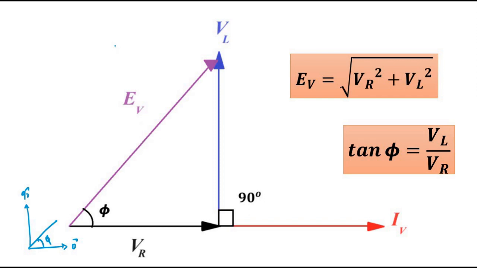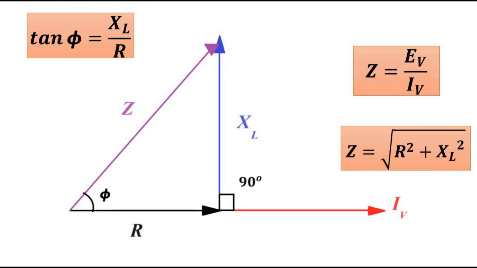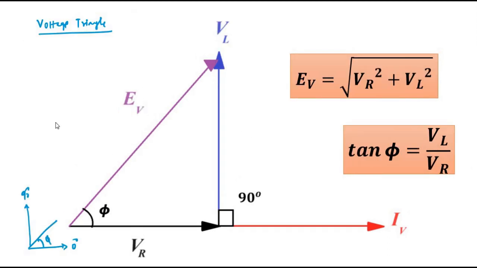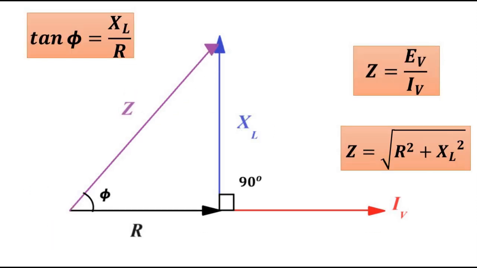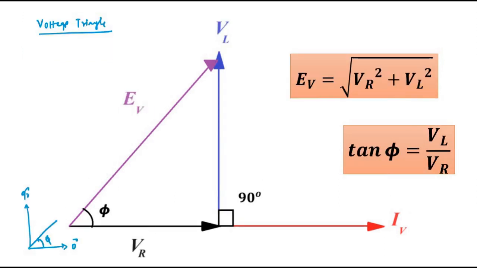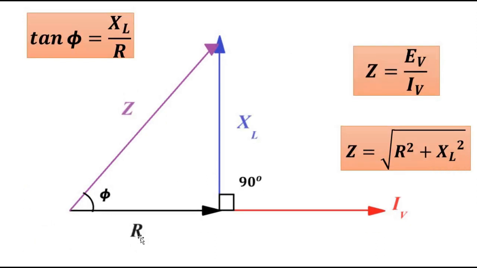Similar to what we discussed in the capacitive circuit, this is the voltage triangle, where we have only the voltage phasors with respect to current. If we divide each of these phasors by current, we will get the impedance triangle, where EV by IV is equal to Z, VL by IV is equal to XL or inductive reactance, and VR by IV is equal to R. Okay, so this is the impedance triangle.